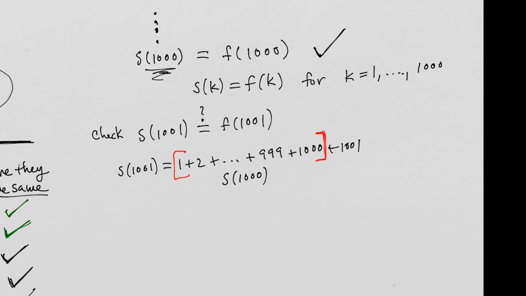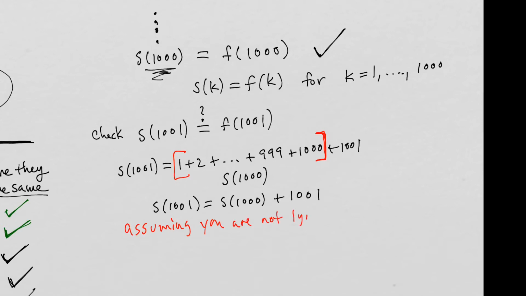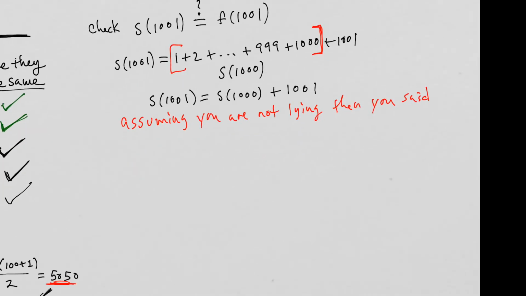And so what do I know? I know S of 1,001 is equal to S of 1,000 plus 1,001. And now, assuming you're not lying to me, assuming weird internet guy, you are not lying, then you said S of 1,000 is equal to F of 1,000.